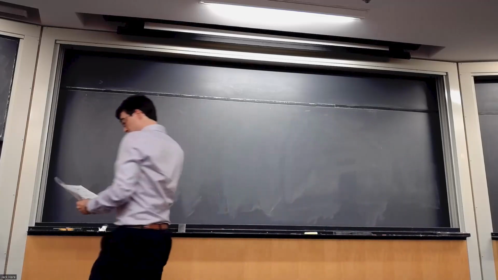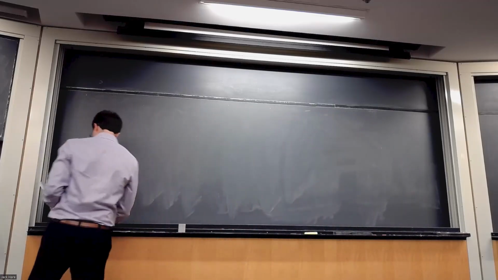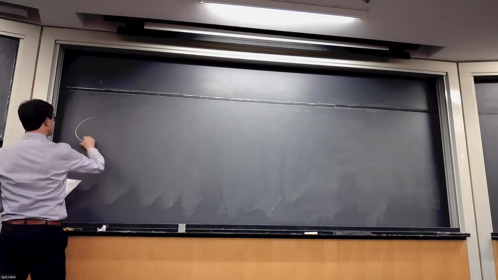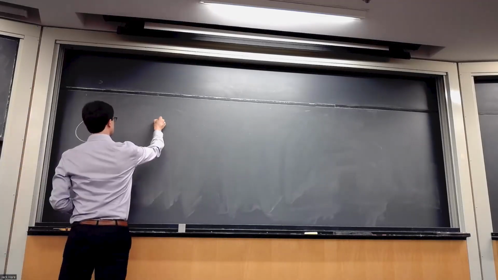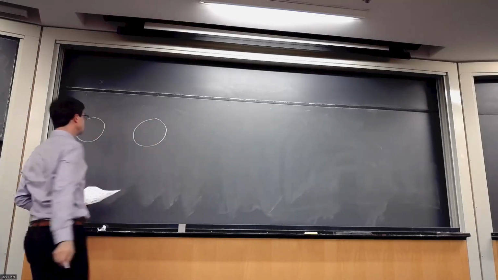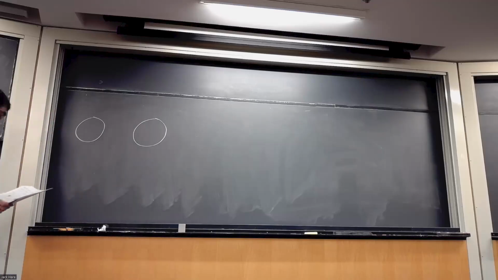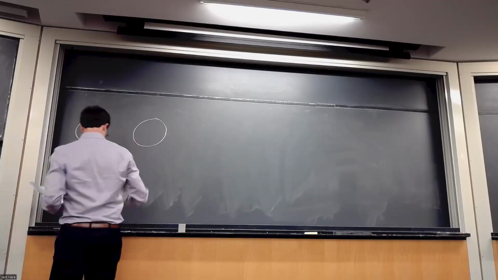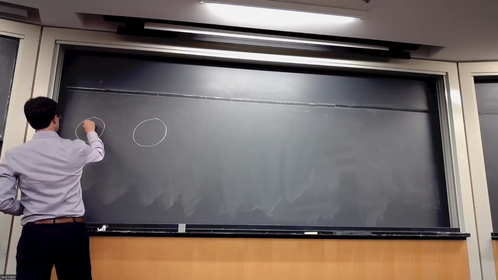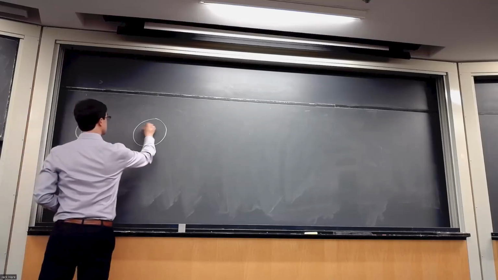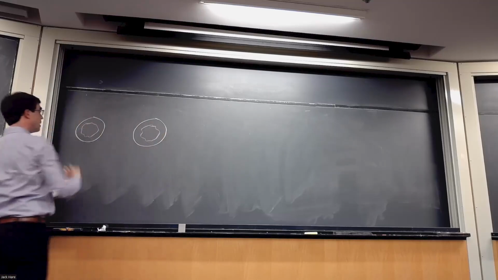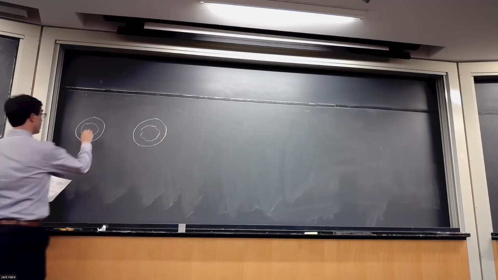Okie doke. Let's have a think about something like a tokamak. So I'm going to draw the cross-section of a tokamak like this. It's going to have a plasma inside it. And in that plasma, there's going to be some current.